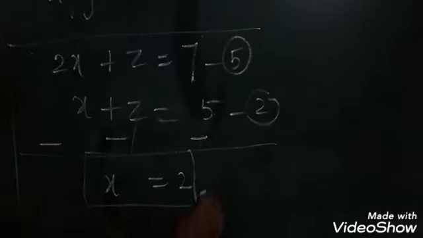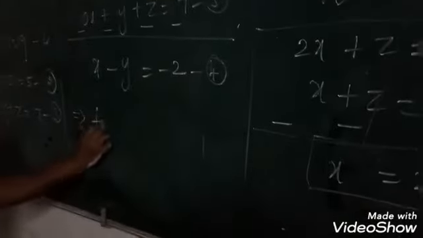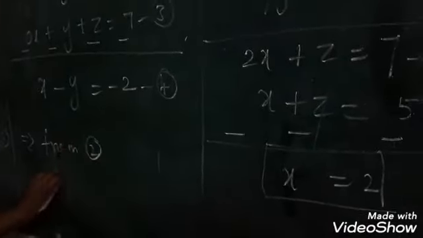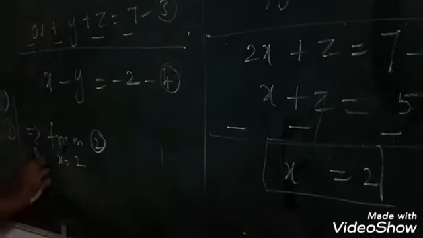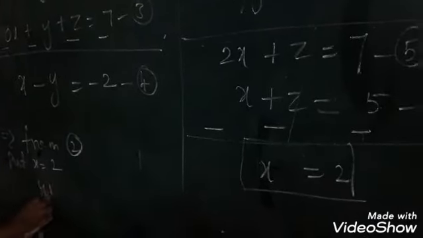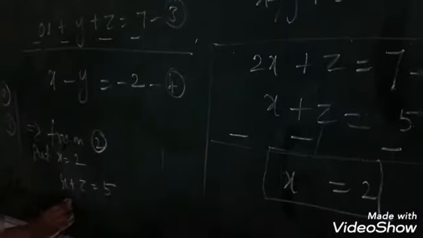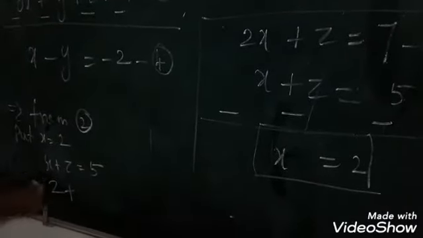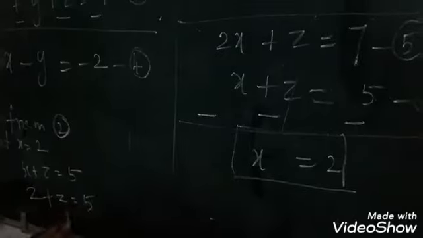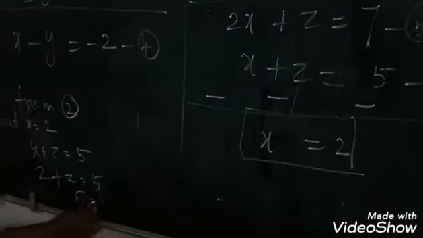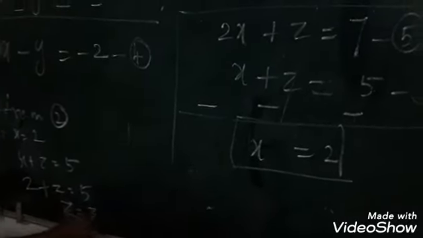So we got x is equal to 2. Now you should apply it in any one equation. Here from equation 2, put x is equal to 2. Then x plus z is equal to 5 they have given. If you put 2 for x, the z value is, yes, 5 minus 2, what? The z value is 5 minus 2, 3.